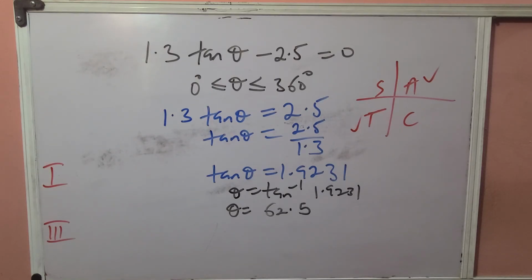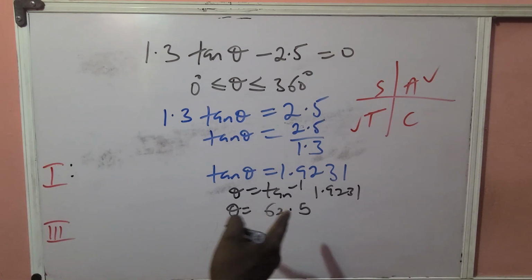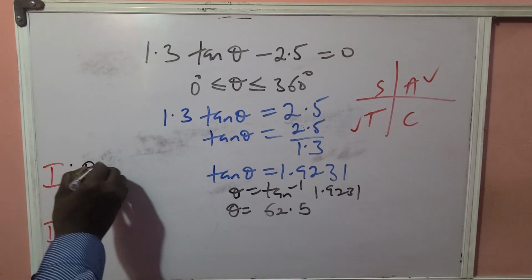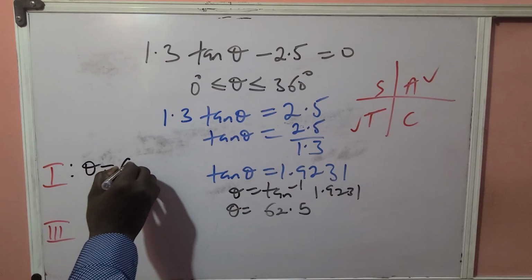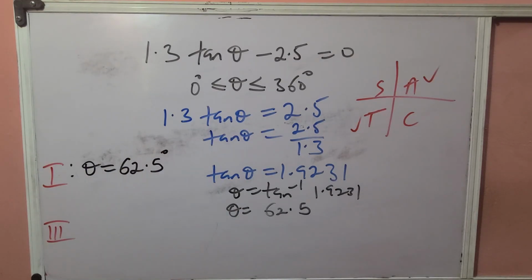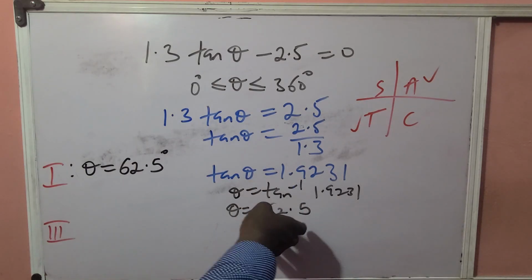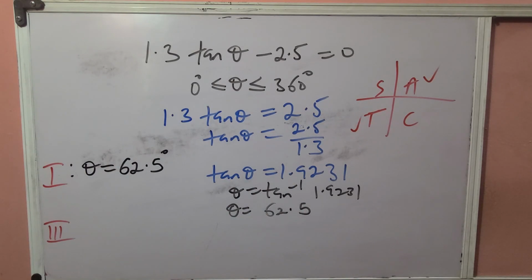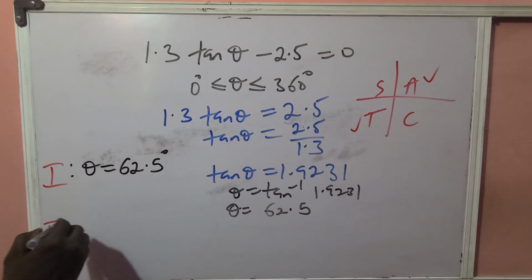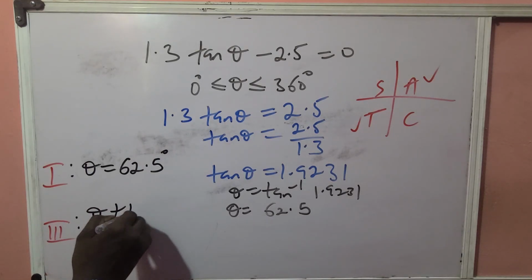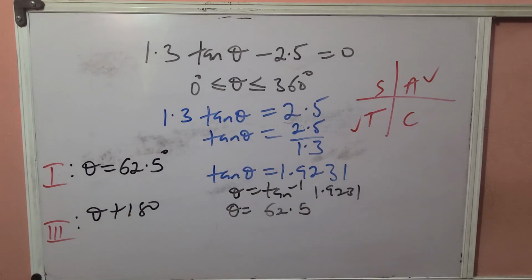So what you have to do next is to find a way to solve it. Now, for our quadrant 1, I told you already that what you have to do is to just replace whatever your theta value was here. This will be 62.5 degree. So whenever you're dealing with quadrant 1, you just replace whatever you have gotten here back here. But for quadrant 3, we have theta plus 180 as the rule that happens in quadrant 3.